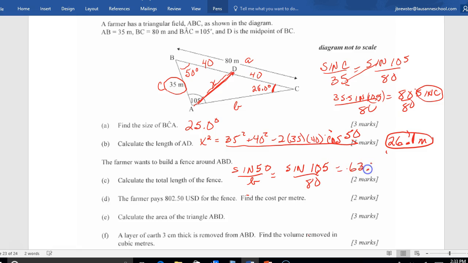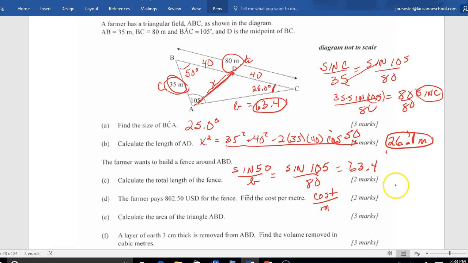Now that's just b. We want the total length of the fence. Well, look at your picture. If that's 63.4, then just add that to 35 and 80, and you have the total perimeter of the fence. The farmer pays $802.50 for that fence. Find the cost per meter. Well, cost per meter means cost over the number of meters.